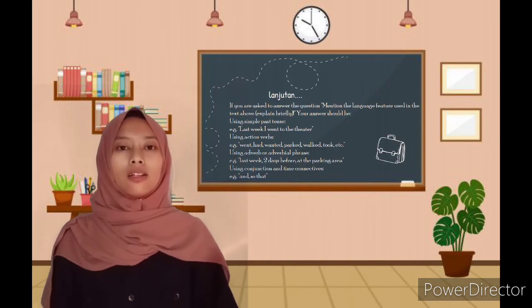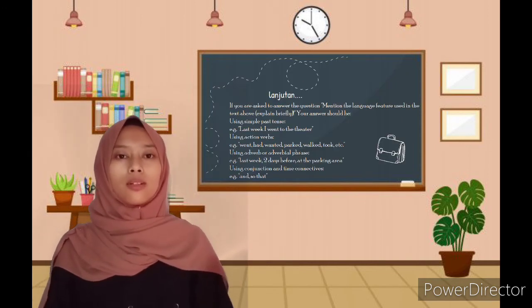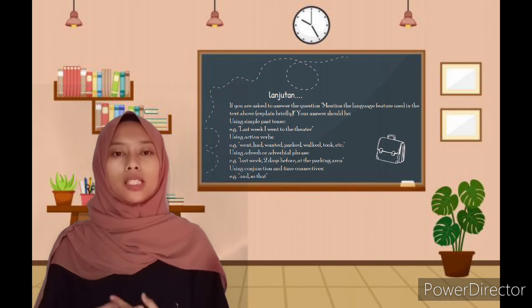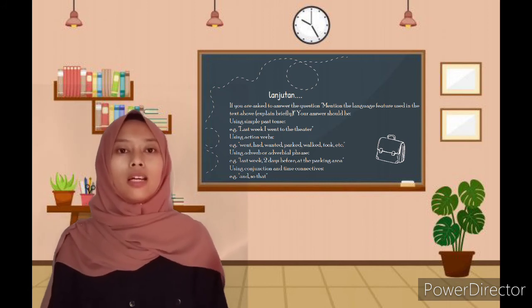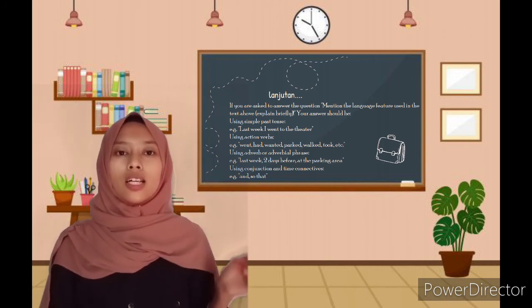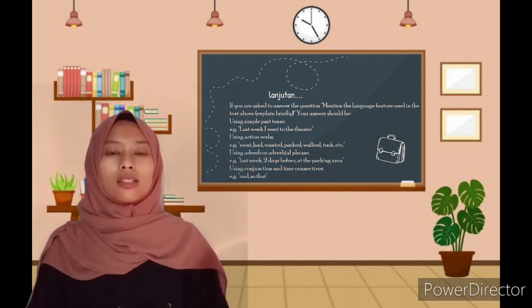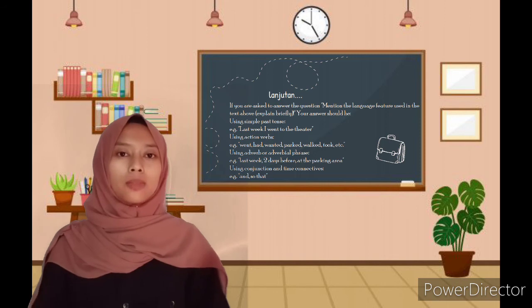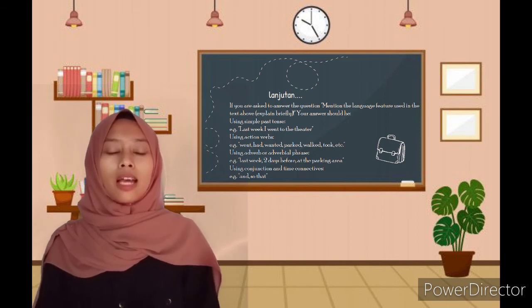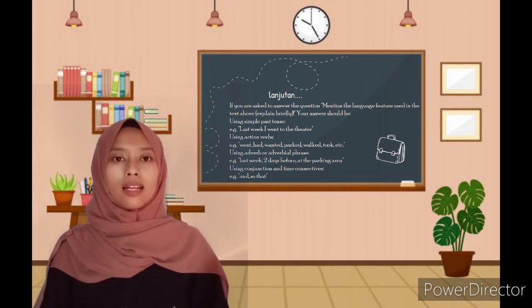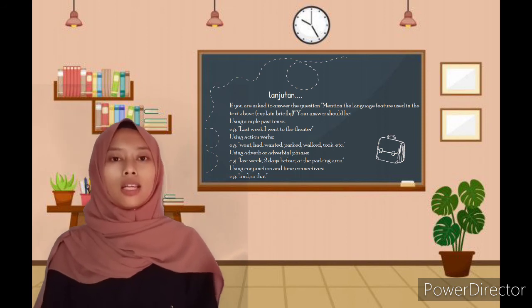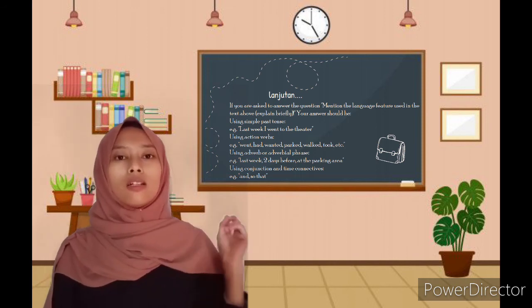Well, if you are asked to mention the language features of the recount text above, your answer should be like this. You should write the simple past, the action verb, the adverb or adverbial phrase, and the conjunction and time connectives of the recount text.